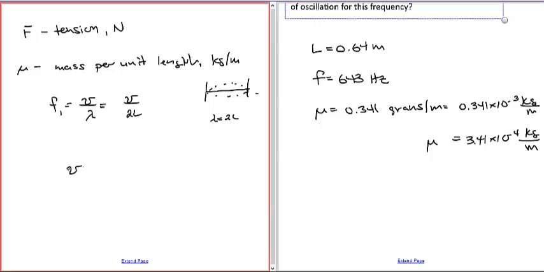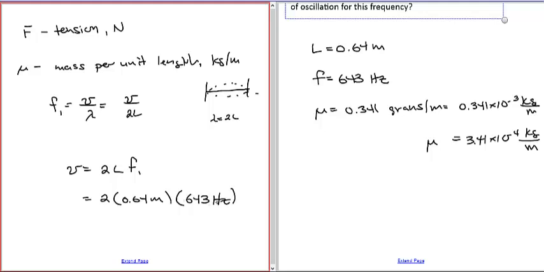So what we do is we say the wave speed is 2L times the fundamental frequency. So we have 2 times L, which is 0.64 meters. So I've converted centimeters to meters. And the frequency is 643 hertz.